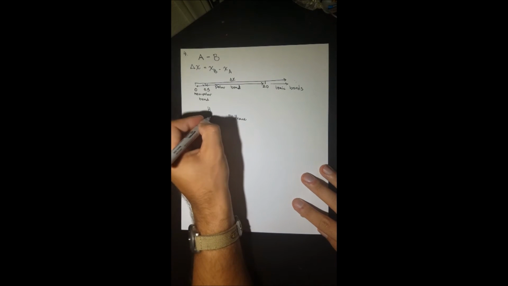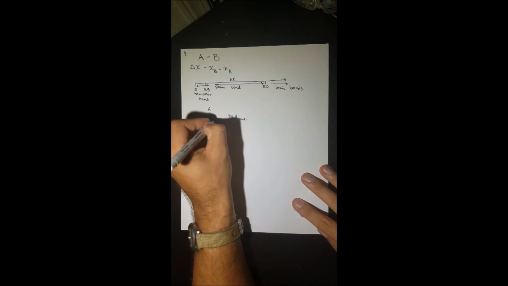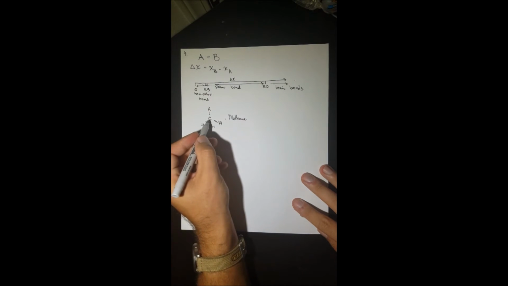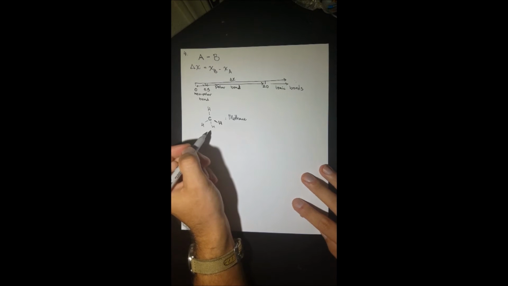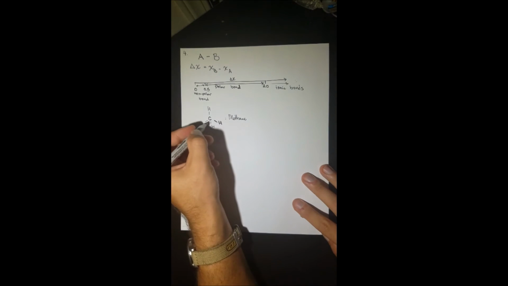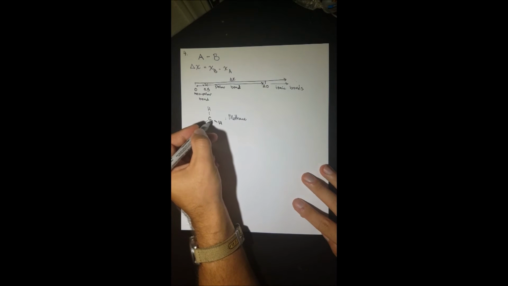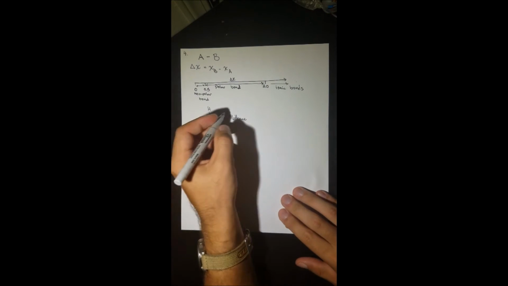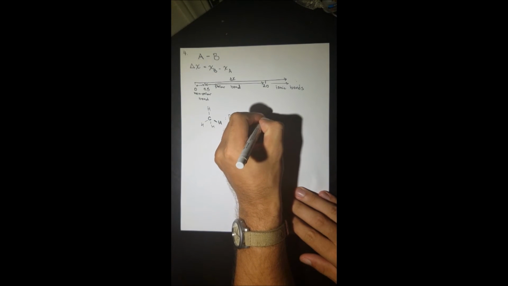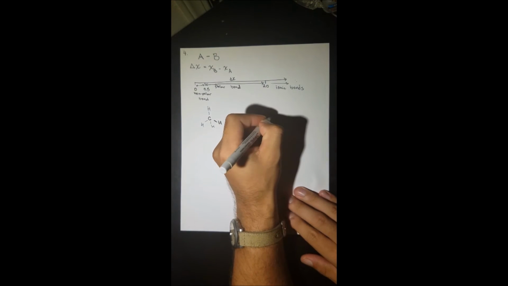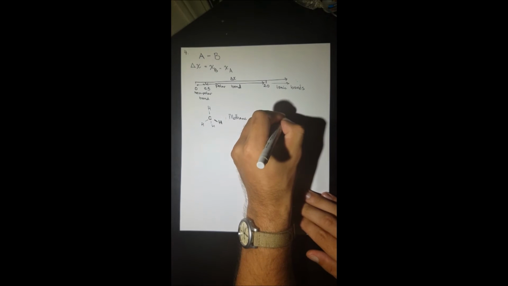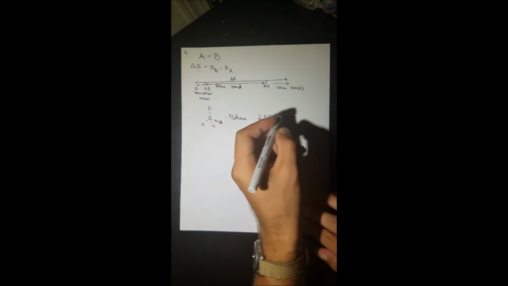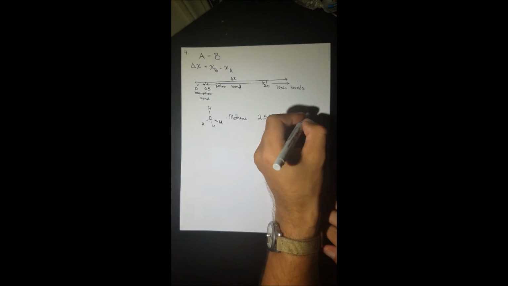And what we can do for methane is look at the electronegativity difference between carbon and hydrogen. So we look up the electronegativity of carbon and of hydrogen, and what we get is 2.50 for carbon minus 2.20 for hydrogen, which is 0.3.